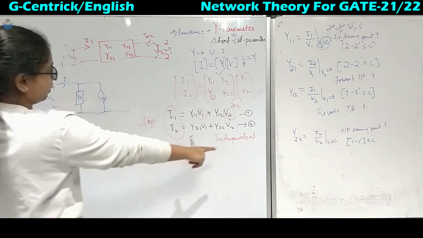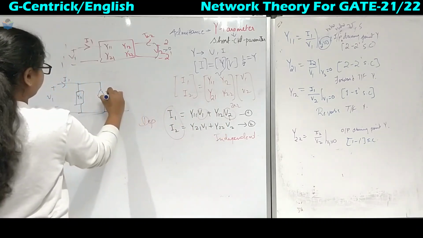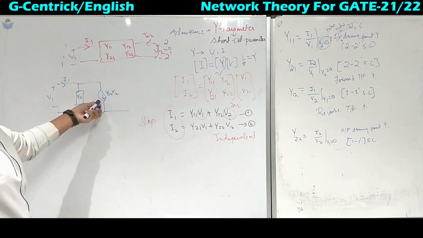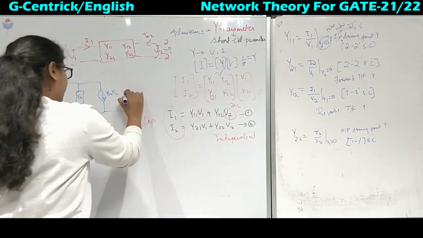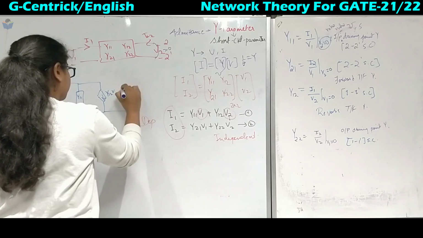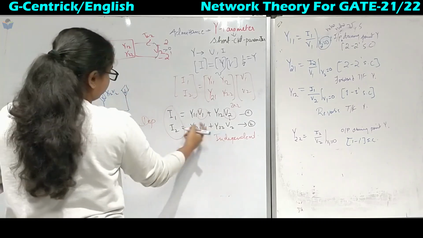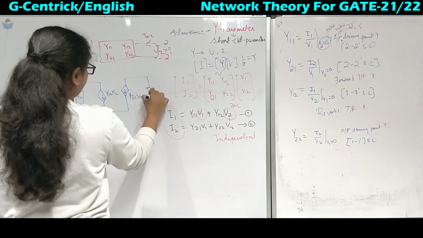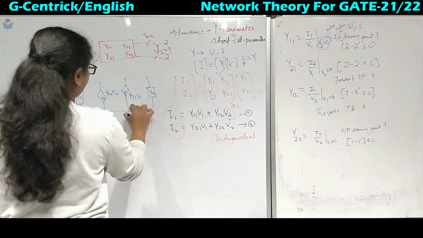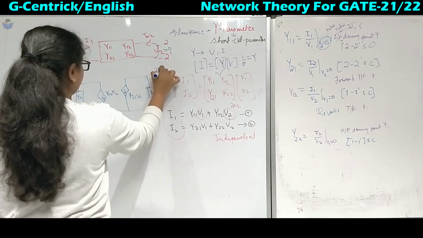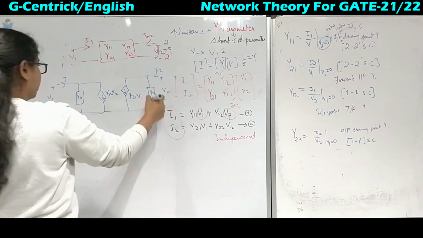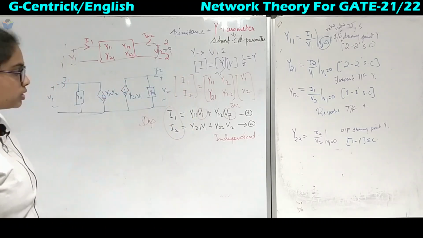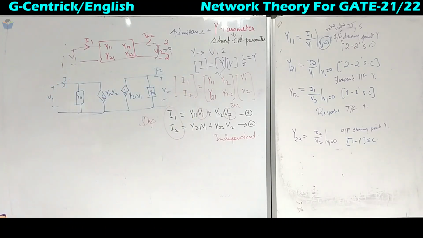The value of this one will be Y12 V2, so this is a voltage controlled current source. Again here we have a current of value Y21 V1 with admittance Y22 connected in parallel. This is our input terminal for the current, and this is V2 across this admittance. So this is the synthesis diagram we can draw for this one.